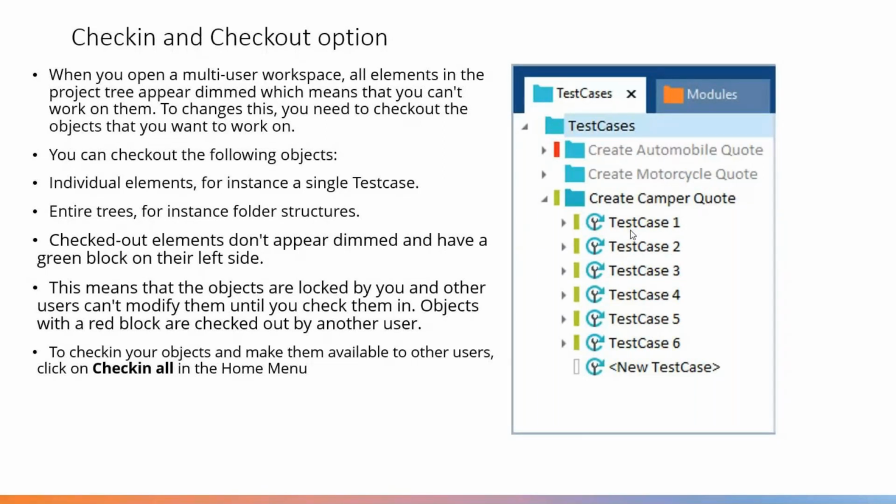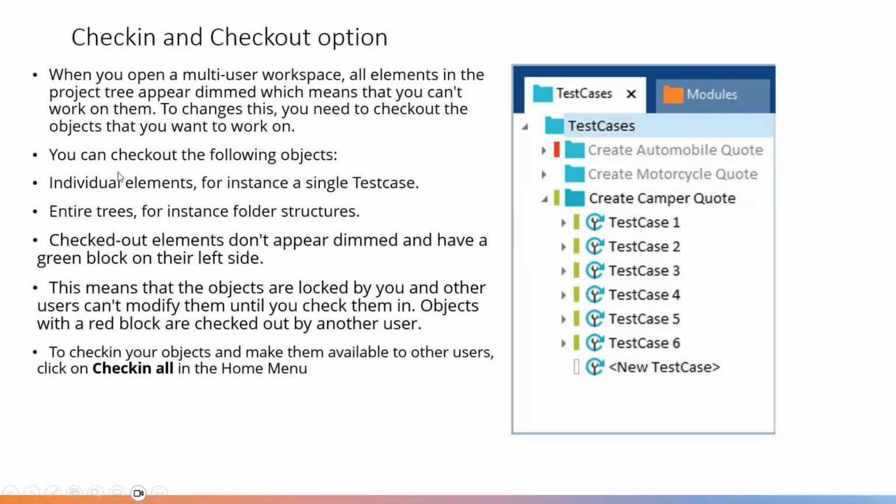When Josna or someone else tries to access this camper code, it will be marked red because it is checked out by you. You are making changes to this folder, so whatever changes you do will be only yours and will not reflect in the common repository.